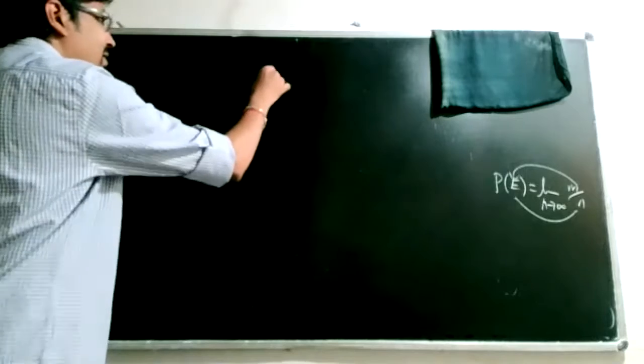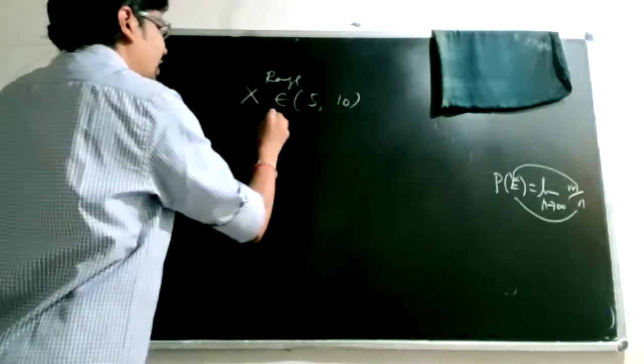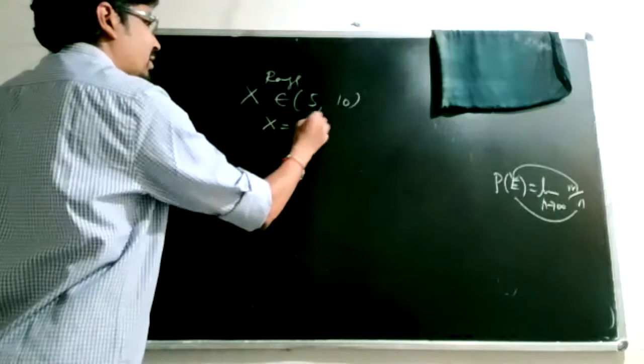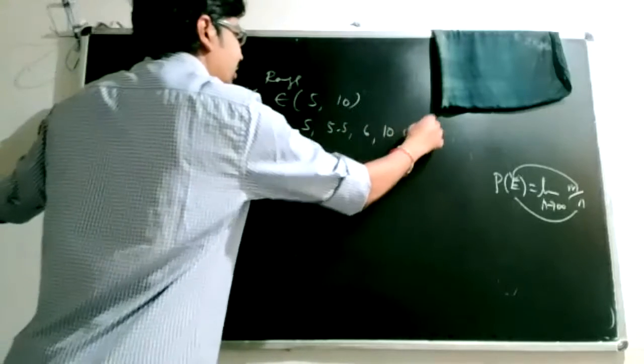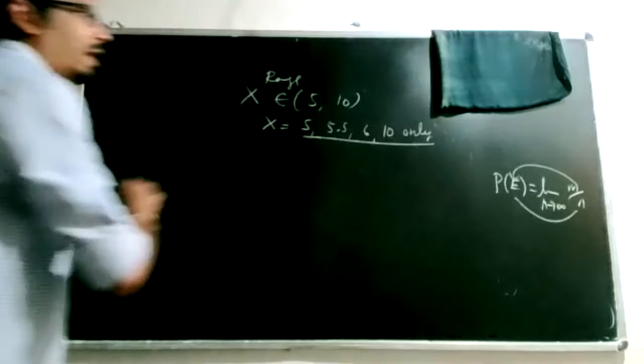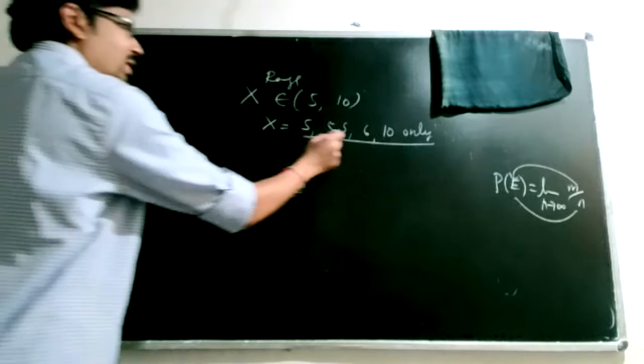So if I have given a range for x, say my x belongs to 5 to 10, and if I could say my x takes particularly 5 or 5.5 or 6 or maybe 10. So only these four values and nothing else. So whenever you conduct the experiment, you are observing only these cases.